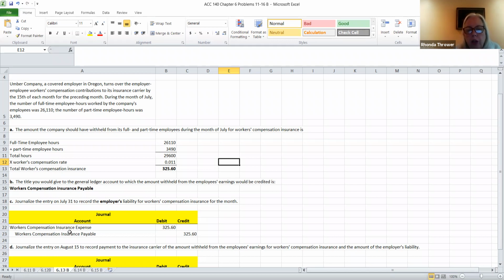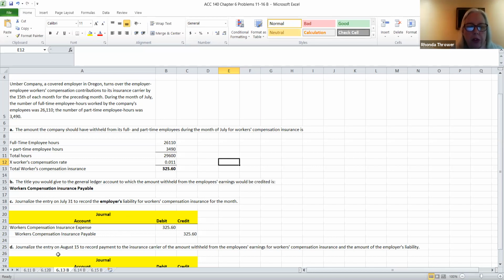We will debit the workers' compensation insurance expense account to make it go up for $325.60, the employer's liability. This is only the employer's liability for this journal entry in C. We would credit the workers' compensation insurance payable because it's a liability. So this is the adjusting entry that you would record to accrue the employer's liability for workers' compensation insurance for the month.